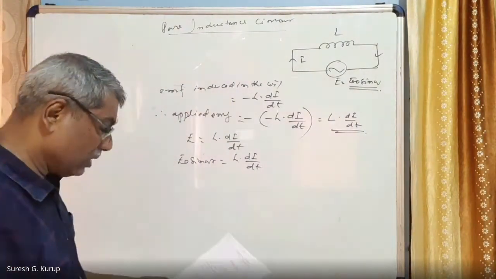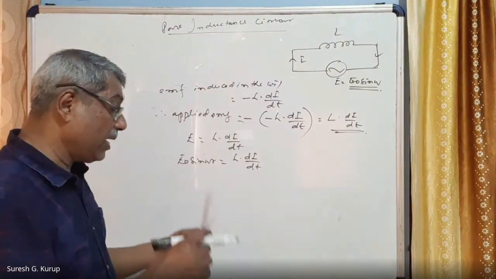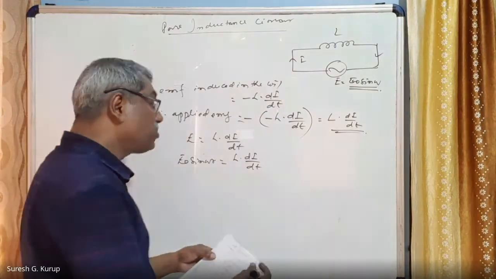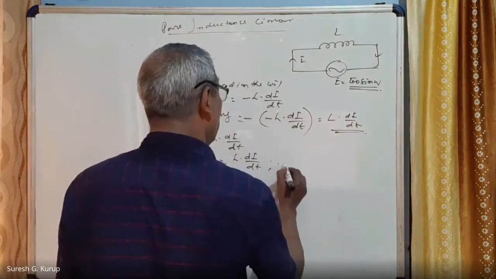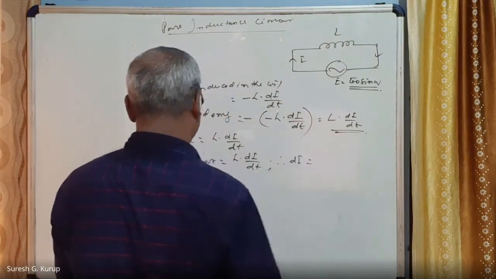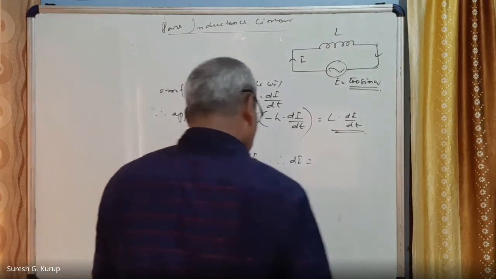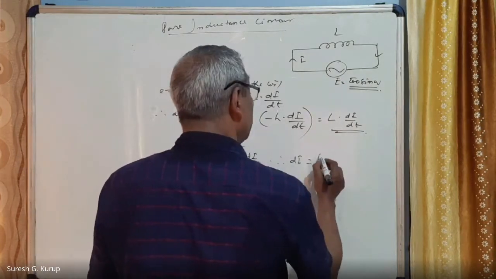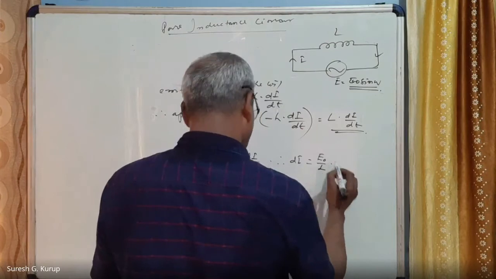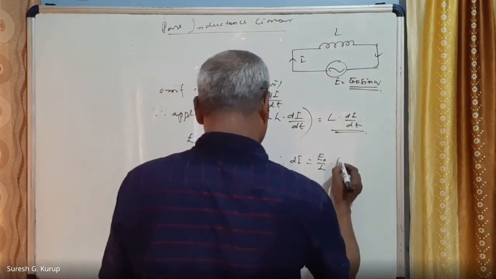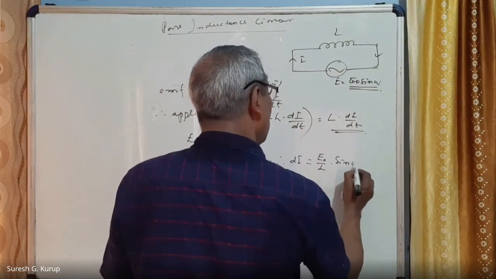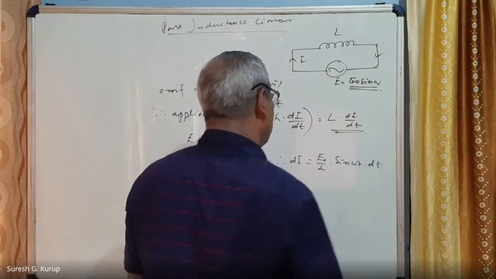From this relation, we can write di is equal to E0 by L into sine omega t dt.